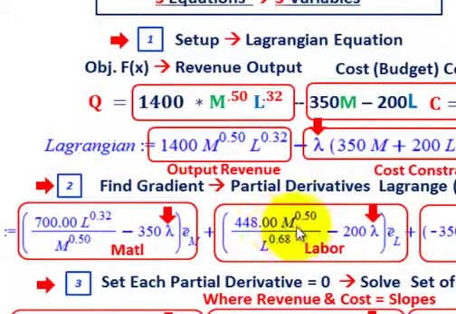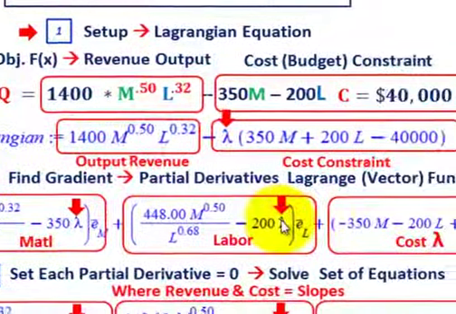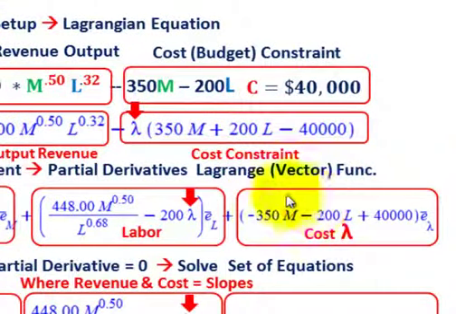Just remember, the software has done this for us, but just understand what's going on. And then we add to it the partial derivative for the cost, and you can see you'd have a minus 350 for material, minus 200 times your labor, plus 40,000.